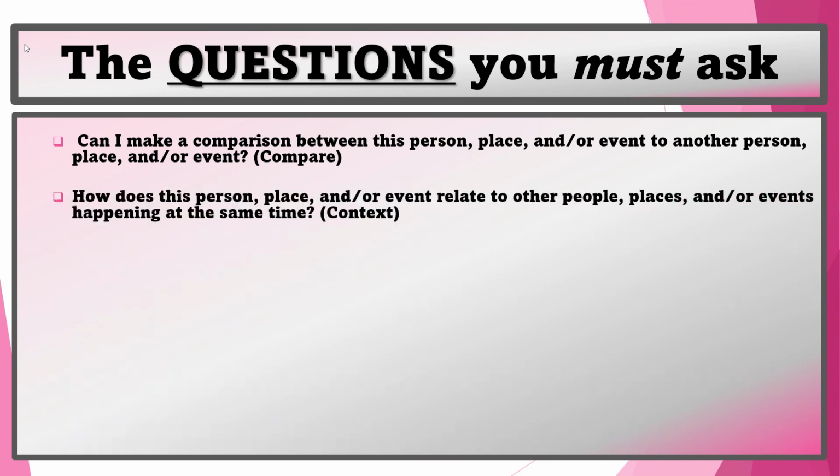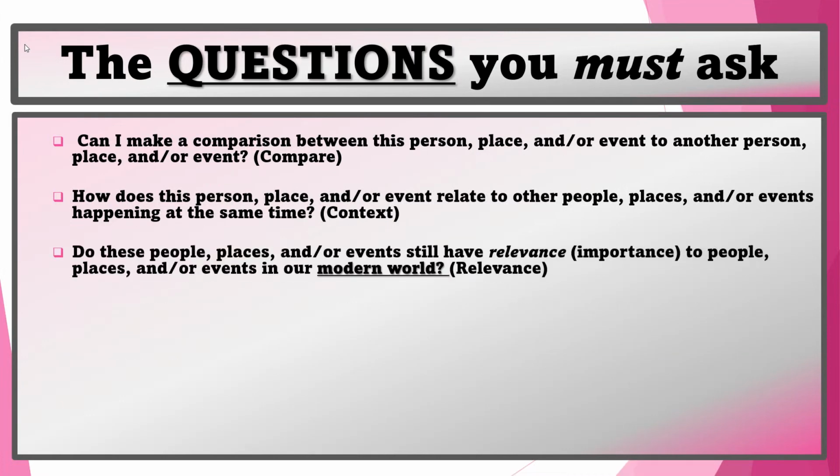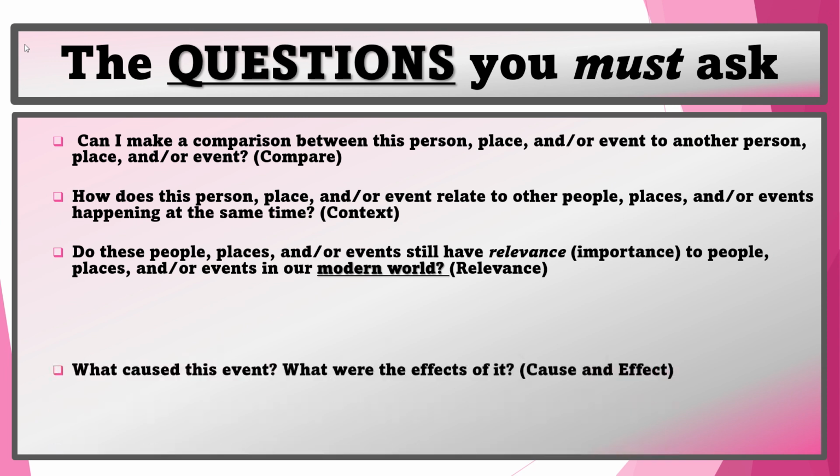How does this person, place, and or event relate to other people, places, and or events happening at the same time? Is there context here, right? Is this related to anything else going on? Do these people, places, and or events still have relevance or importance, significance to people, places, and or events in our modern world? How does it relate to today?